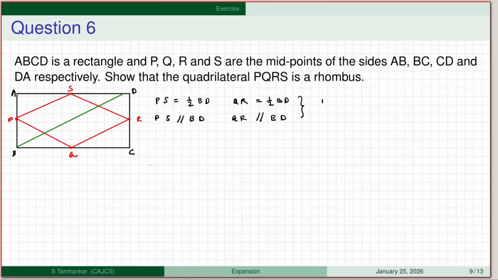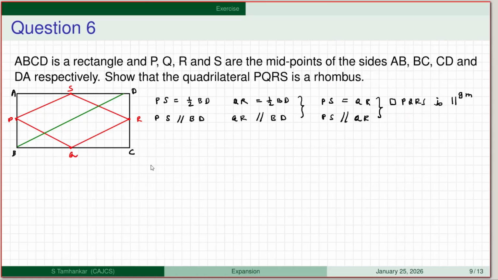This led us to PS equal to QR and also PS parallel to QR, which then led us to the property that PQRS is a parallelogram. So you're very well aware, this is what we did in the previous question.